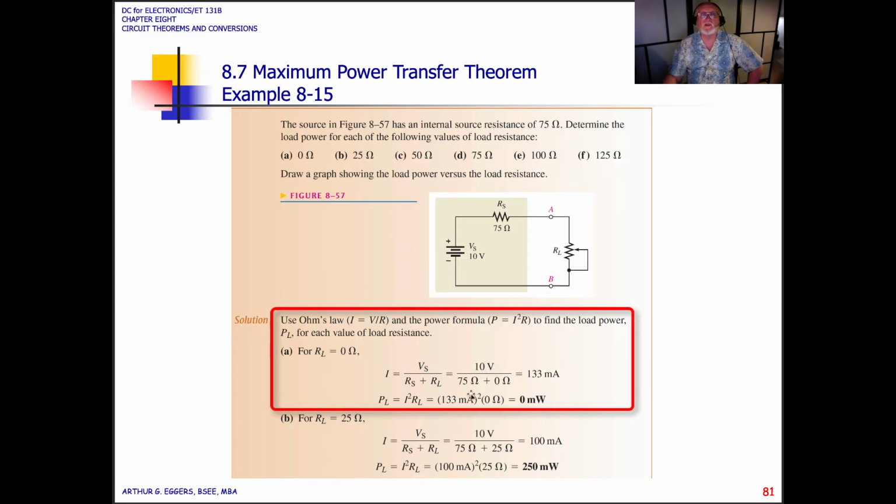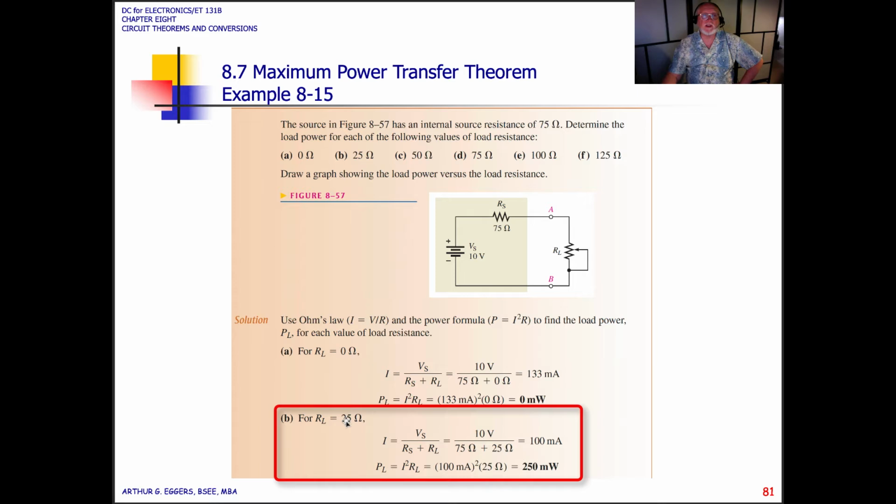So 10 volts divided by 75 ohms gives us 133 milliamps. Using I squared R, 133 milliamps squared times 0 is 0. So we have no power transferred to the load when the load resistance is 0. That means it's a wire.